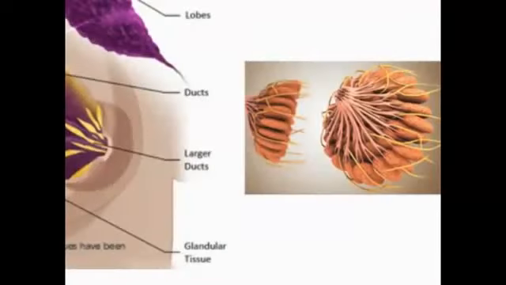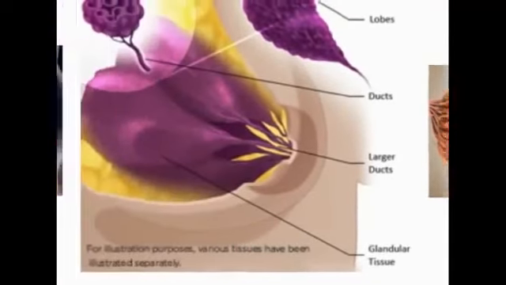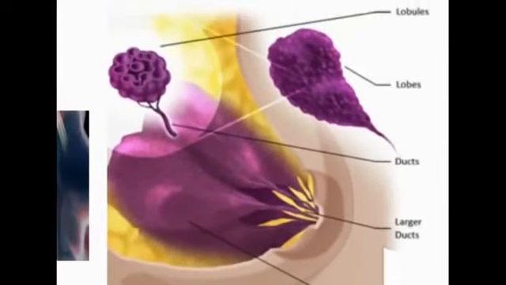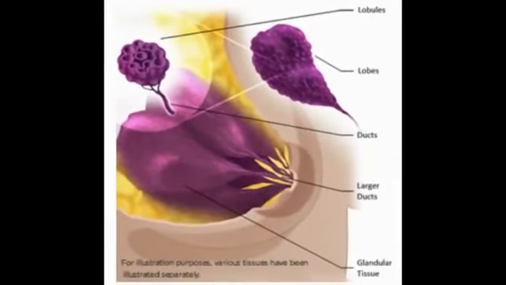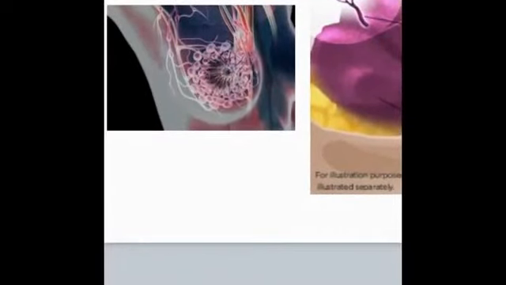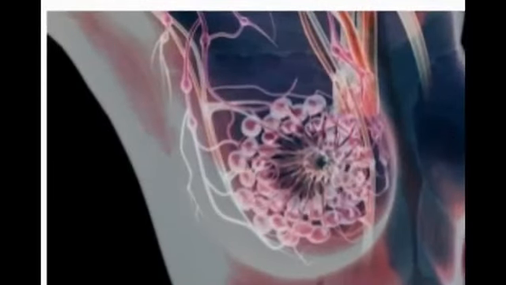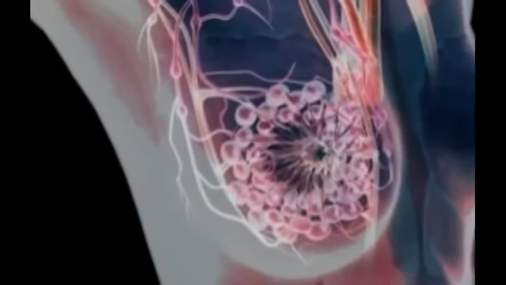Okay, then we go to the next slide. The next slide shows you the inner structure of the glandular mammae. Actually, this is the combination of the duct system, and it is so similar to the structure of our lungs.